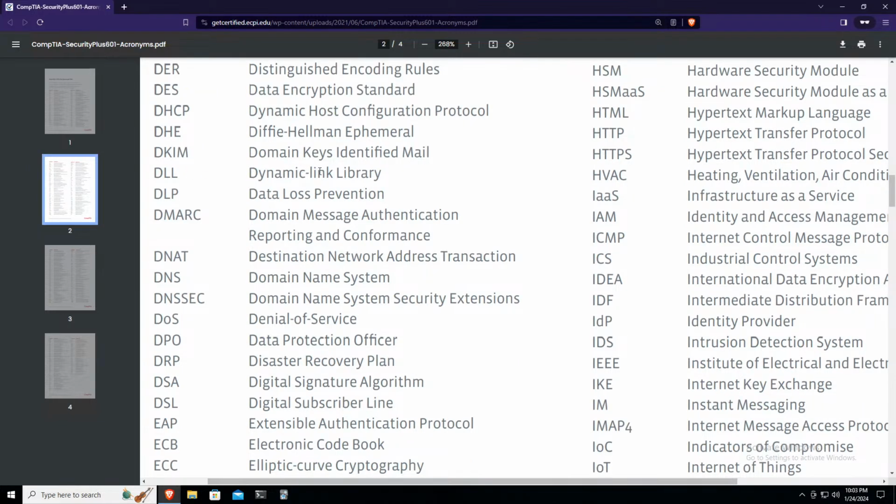DLL, dynamic link library. So DLLs, you can think of them as files that contain small databases or rather libraries of information for an application to use. There can be multiple of them for one application.